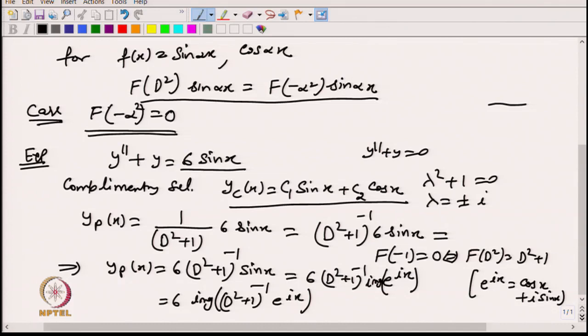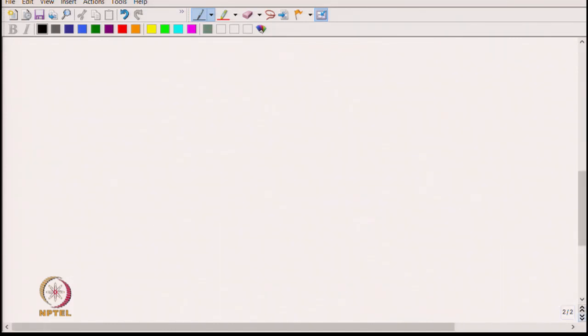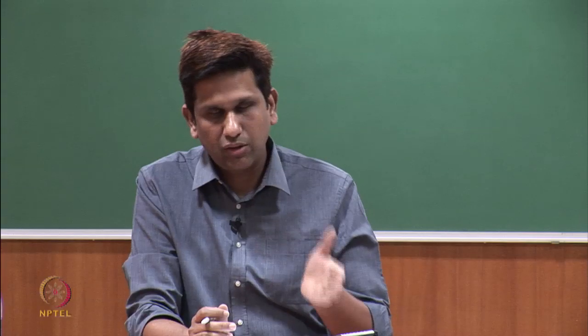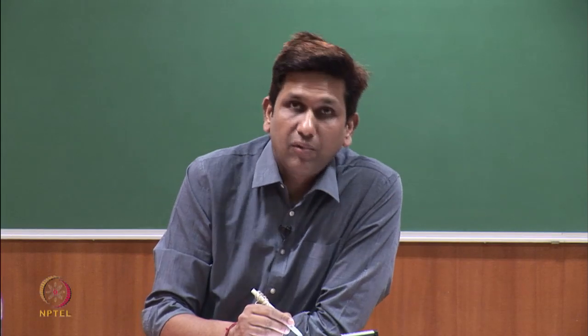Now, after doing this, what I will get is that my y_p(x) becomes 6, and now I apply the formula, multiplying by 1. What we have done is take the product of two functions and then operate with some operator.